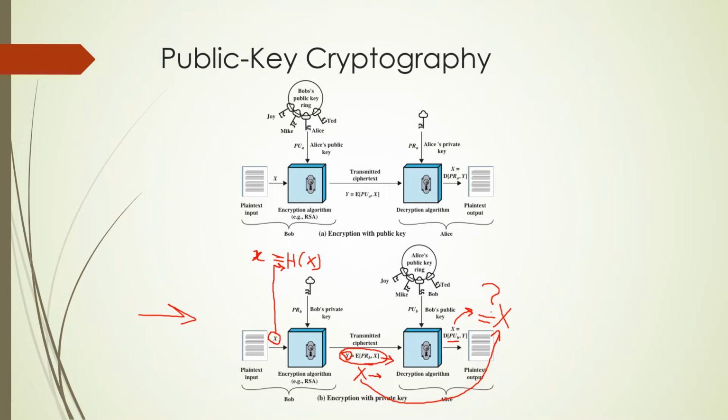Alice will have the value X. Alice will apply the same hash function on X and create the message digest of X, and then Alice compares that message digest with the deciphered or decrypted version of Y. If they're the same, that means the signature of Bob has been verified.